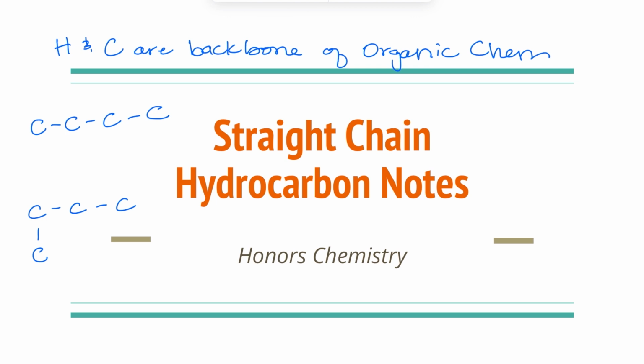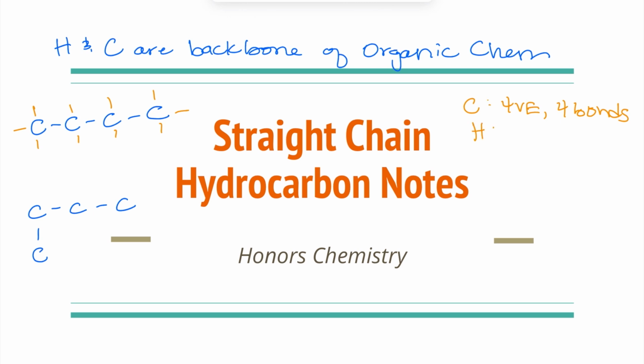Why are these the backbone of organic chemistry? Well, carbons want to bond 4 times. They need 4 more valence electrons. So if we look at a chain of carbons, we have these all connected to one another. Carbons have 4 valence electrons, which means they want 4 bonds, and so they can easily bond with other things.